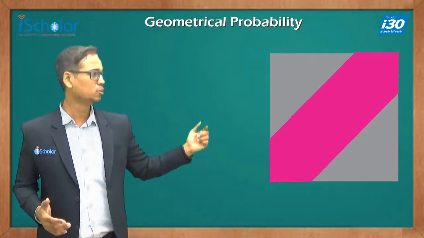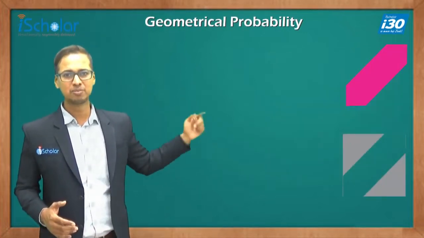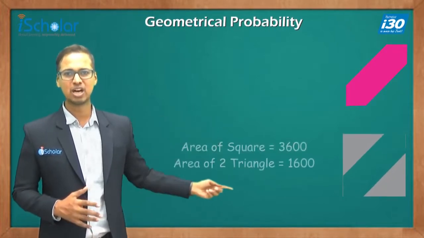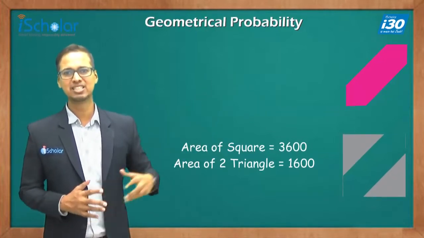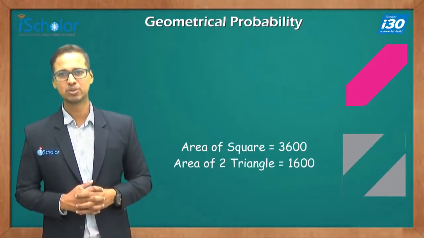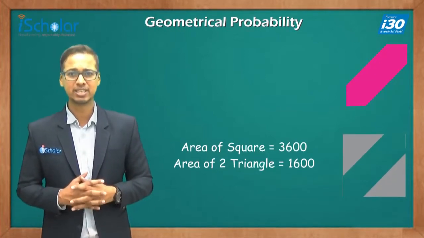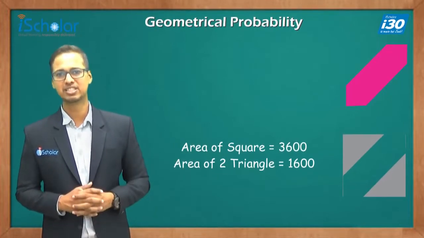If you see these two triangles over here, subtract the area of the two triangles from the area of the square. The area of the square is going to be 3600 units, and the area of each triangle would be half base into height, which is half into 40 into 40, which makes 800. Since there are two such triangles, that is 2 into 800, which is 1600.